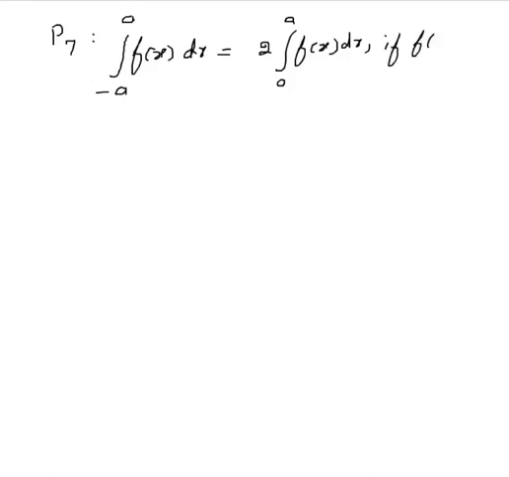Now next property, integral minus a to a f of x dx. This becomes 2 times integral 0 to a f of x dx if f of minus x is equal to f of x.